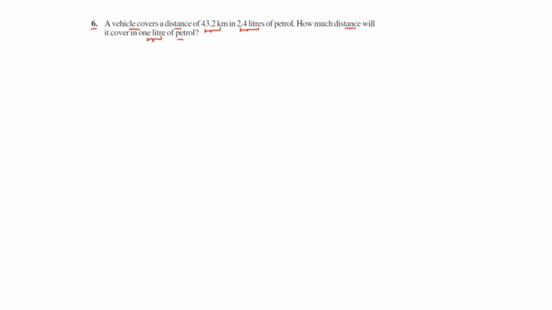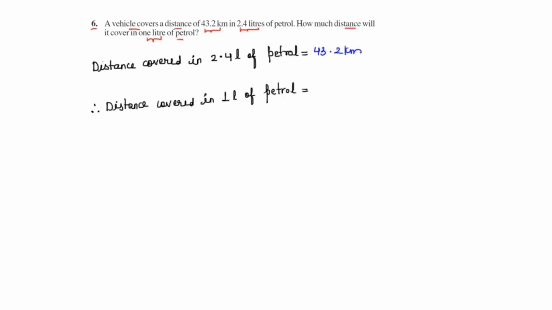The distance covered in 2.4 liters of petrol is given as 43.2 km. With this we can easily find it for 1 liter of petrol, as we have also learnt about the unitary method. What to do? Just do division.